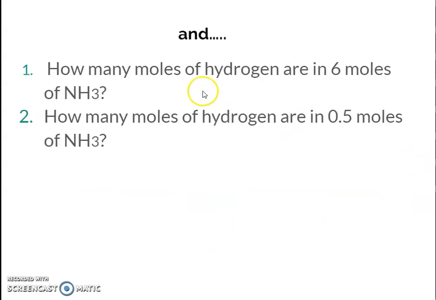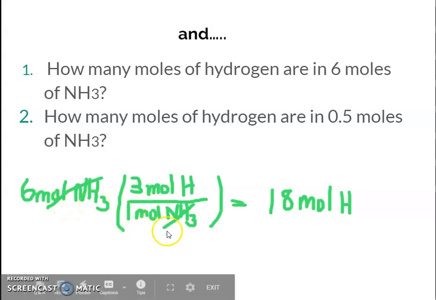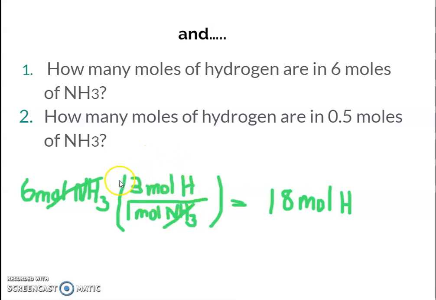So how many moles of hydrogen are in 6 moles of NH3 or ammonia? All right, so now note you've got 1 nitrogen to 3 hydrogens. So if we set this up, you're going to start with 6 moles of NH3. All right, and then for every 1 mole of NH3, we're going to have 3 moles of hydrogen. All right, the moles NH3 cross out, and you're left with 18 moles hydrogen.